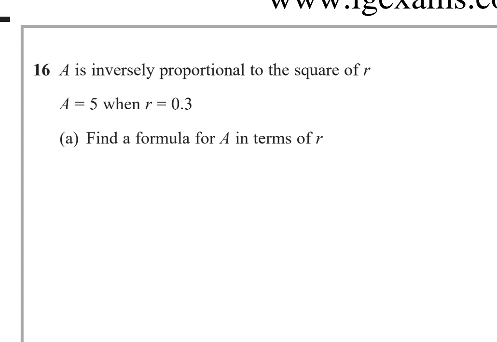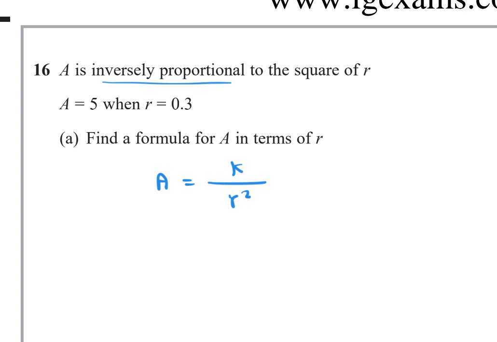Number 16, A is inversely proportional to the square of R. A equals 5 when R equals 0.3. Find a formula for A in terms of R. So inversely proportional, so A equals K over the square of R, so R squared.